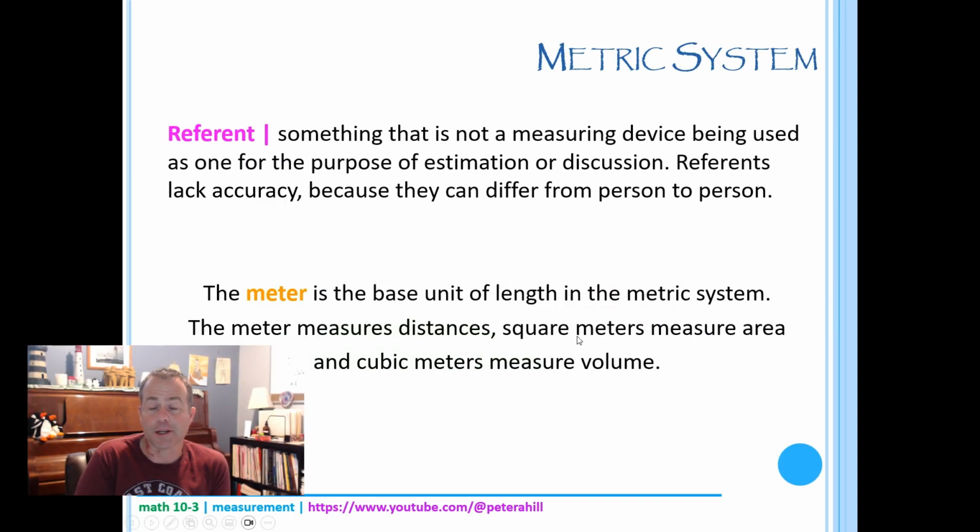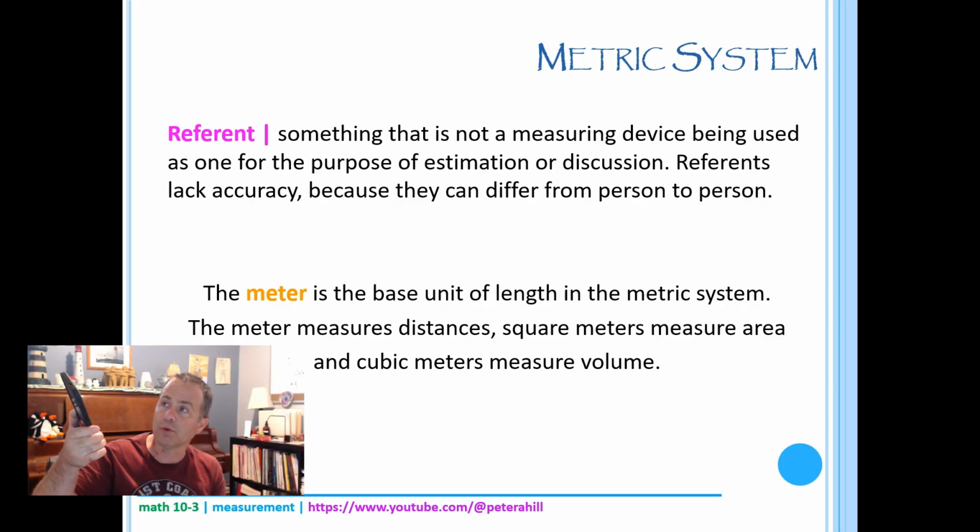A referent is something that is not a measuring device being used as one for the purpose of estimation or discussion. Referents lack accuracy because they can differ from person to person. Say I'm sitting at a table right now, and I wanted to measure this table in cell phones because I have a cell phone handy.